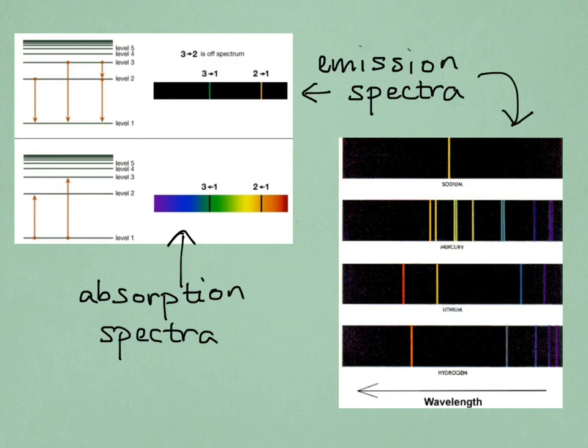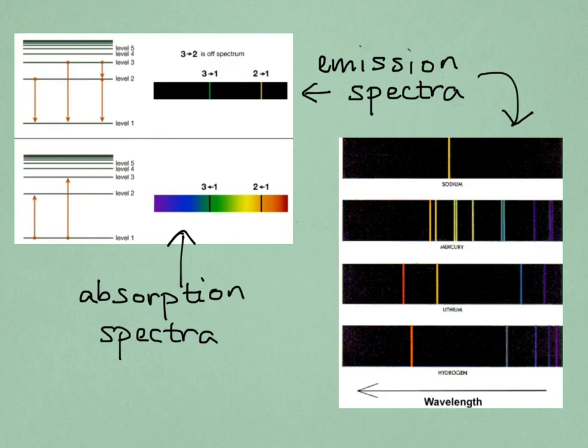An absorption spectrum is like the negative of that. It's a whole spectrum, but with black lines, with bits missing. So that's when white light is shone through something like a gas. And because the white light has got all the different wavelengths of light in it, the wavelengths that correspond to particular energy jumps can get absorbed by the gas.